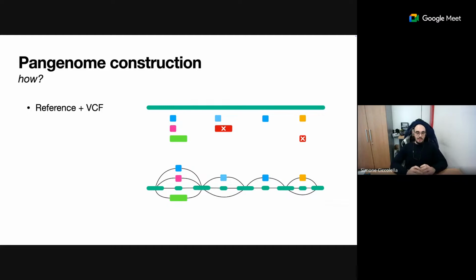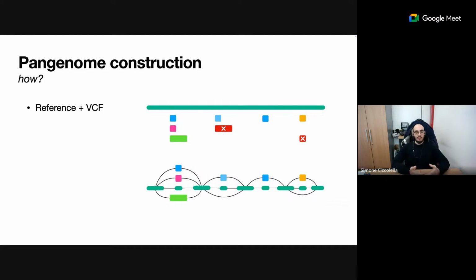And what we end up with is that we want to encode these genomic variants represented in our VCF file as different nodes in the graph. So we try to keep our graph as linear as possible, but we add different nodes and different links when it is necessary. This is one of the easiest methods to do such a construction, because it relies on data that we pretty much already have.